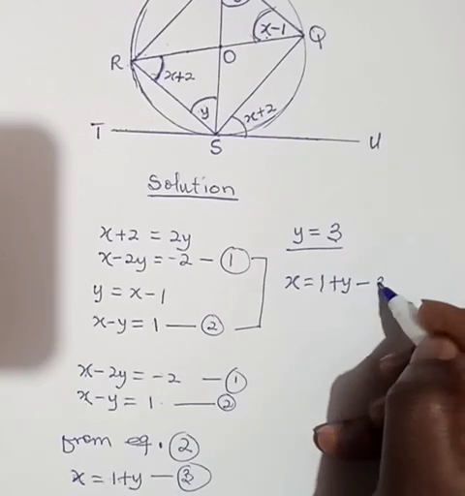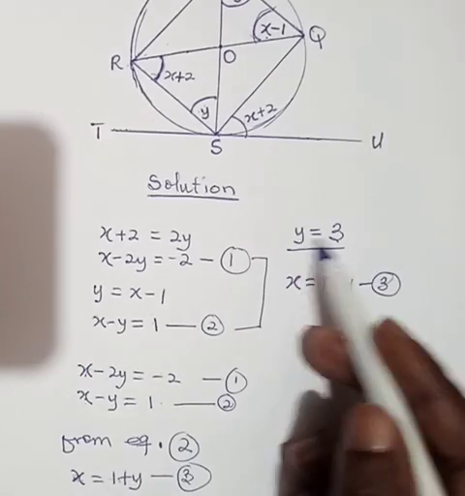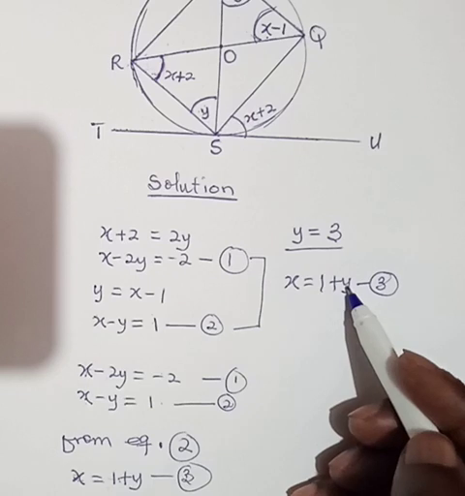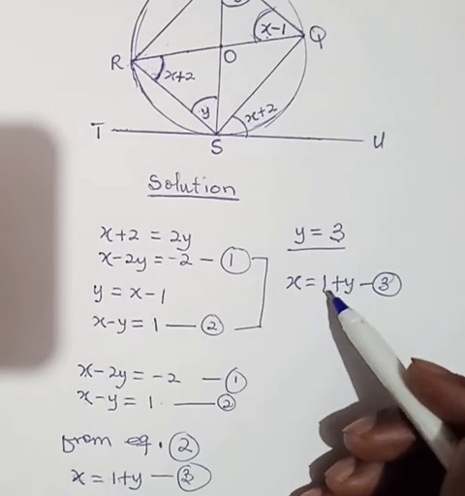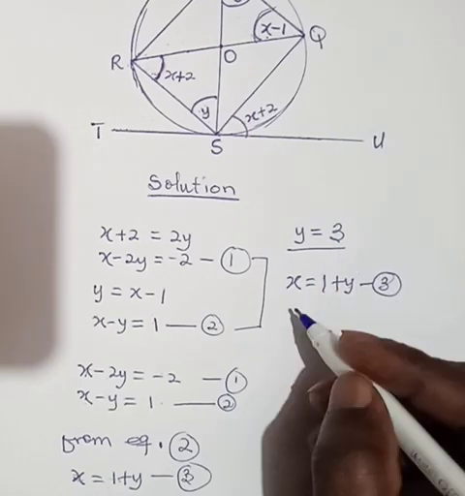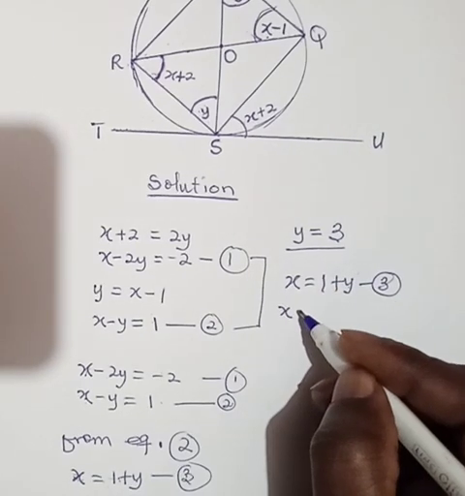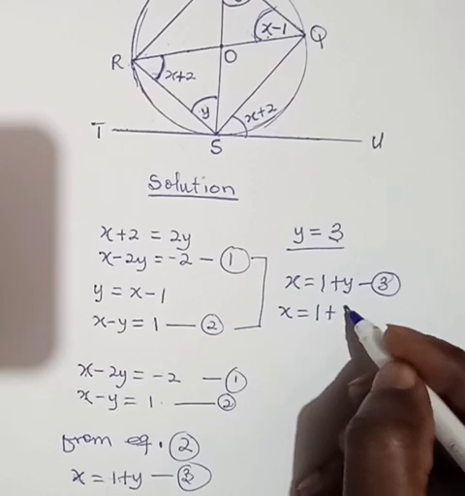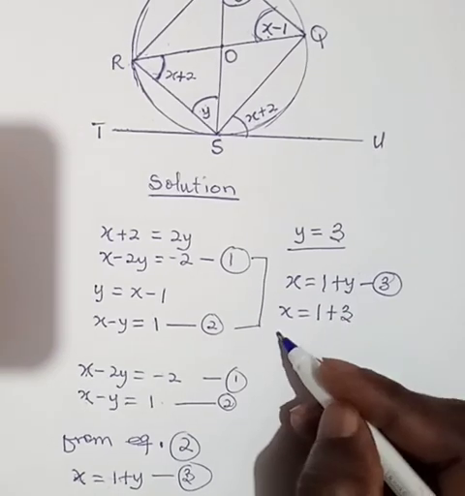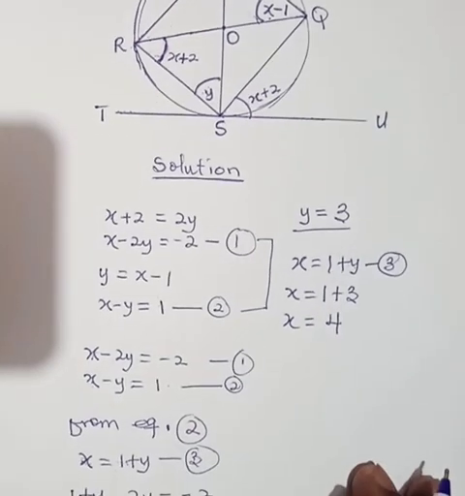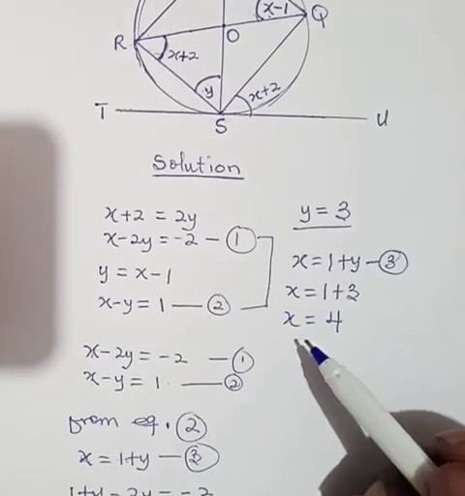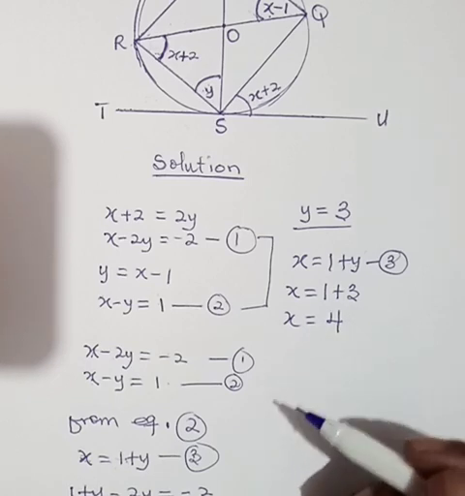So this is our equation 3. Wherever I see y, I will just put my 3 there. So I'll write x is equal to 1 plus 3, which will give me 4. Good. So that's the value for x.